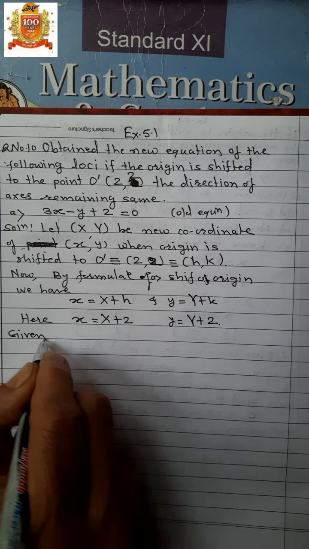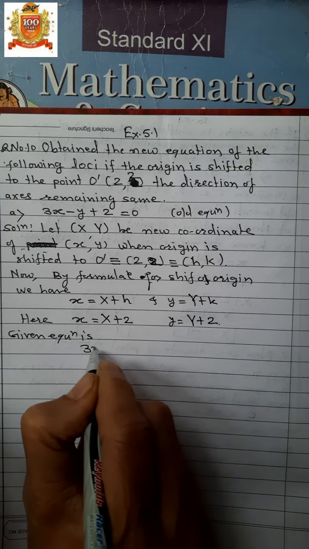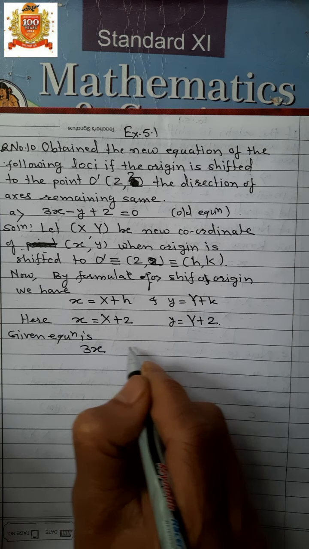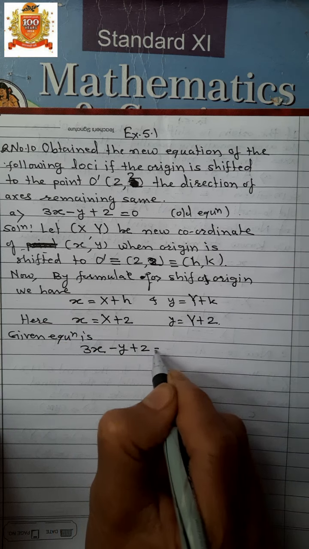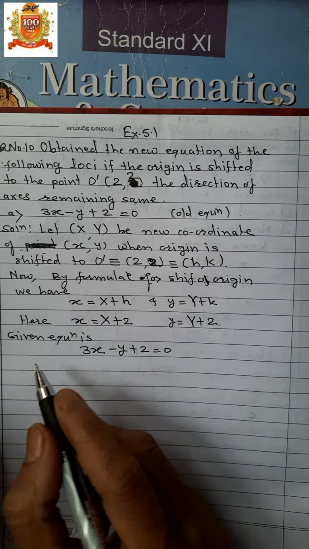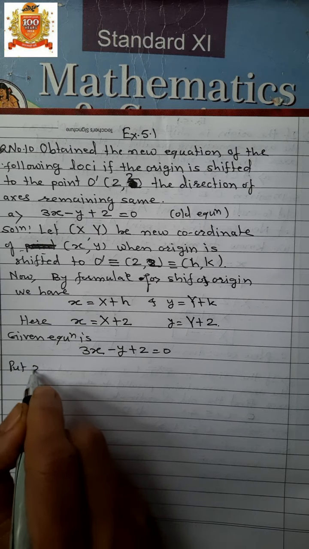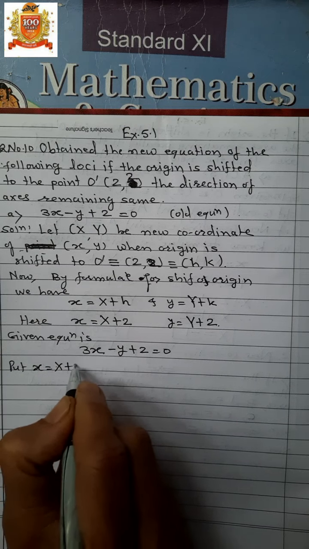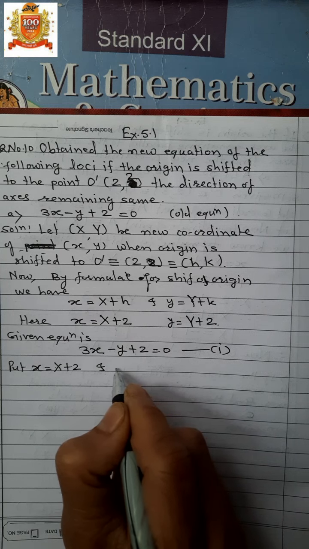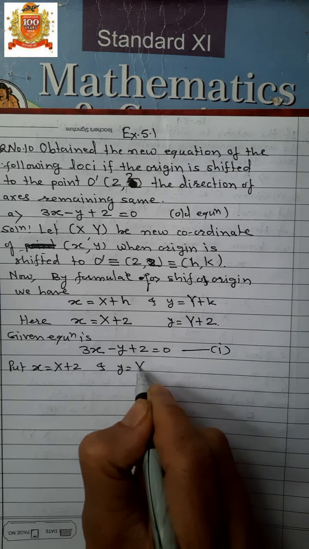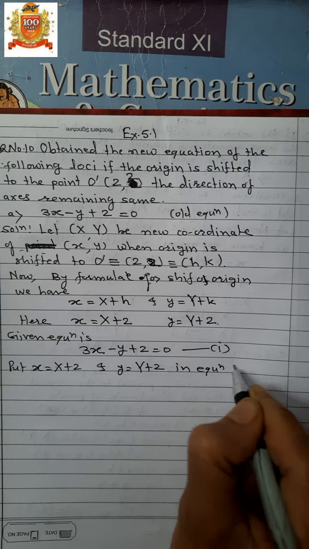The given equation is 3x minus y plus 2 is equal to 0. Put x is equal to capital X plus 2 and y is equal to capital Y plus 2 in equation 1.